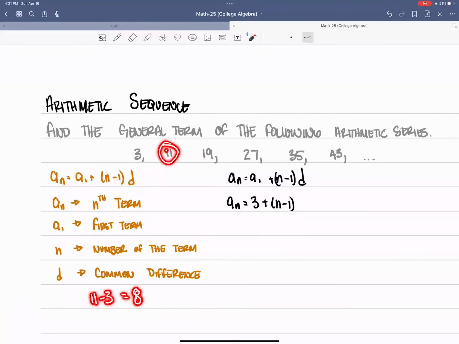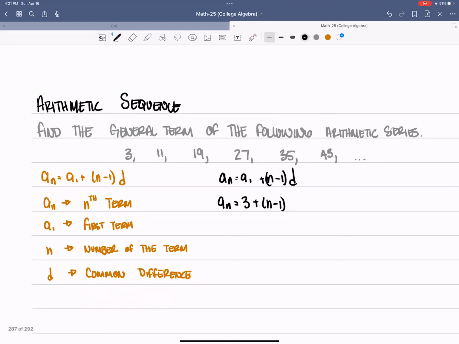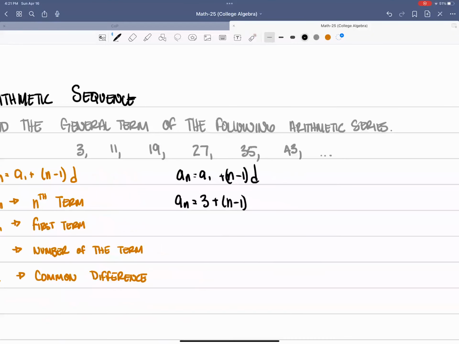All right, and let's look at the next one. So we have 19 minus 11. That's also 8. Let's look at these two terms. 27 minus 19, also 8. So it looks like 8 is our common difference. So when we plug it in here, we're plugging in the value 8.